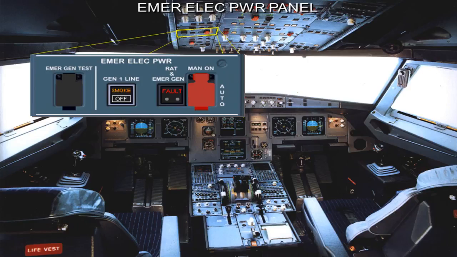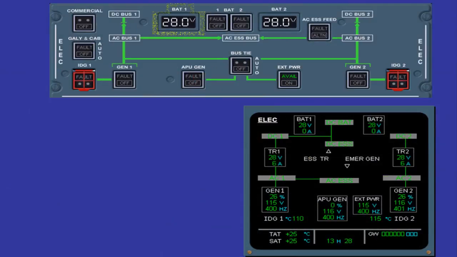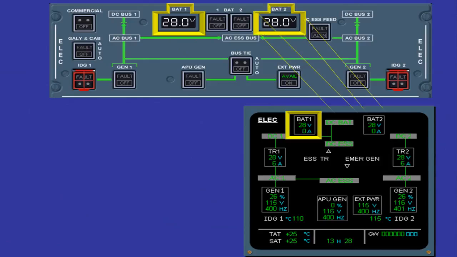Now, let's look at the relationship between the electrical panel and the ECAM electrical page. The battery voltage can be monitored either on the overhead panel or the ECAM page.